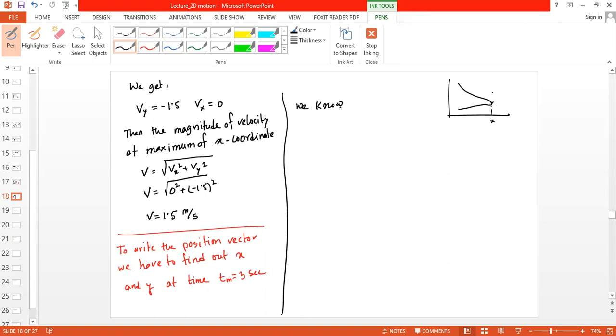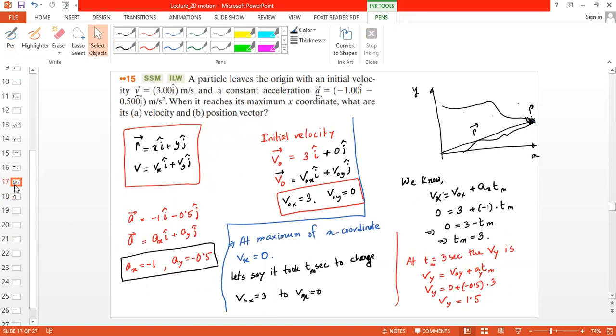নাও উই নো, আমরা এটা জানি যে x equal to v naught x tm plus 1/2 ax t square. So v naught x equal to কত? দেখেছি যে v naught x equal to 3.